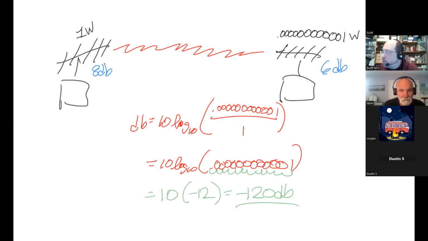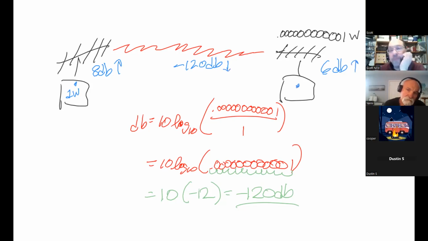All right, so we had a path loss of minus 120 dB in here because that's what we figured out. So if we have 1 watt down here now, and we go up 8 and down 120 and then up 6, how much do we get at the other end?